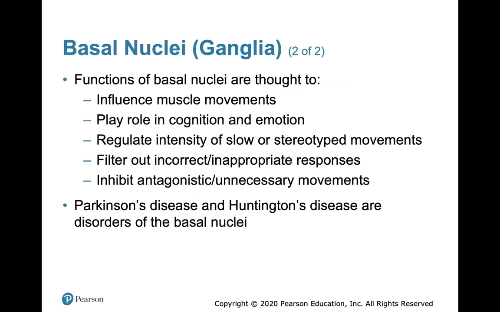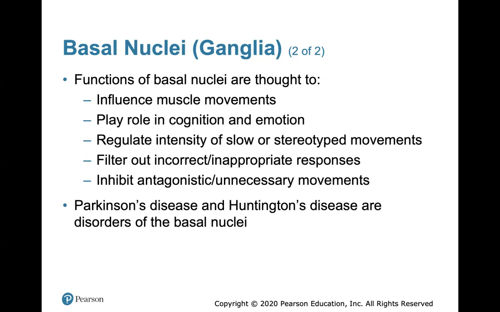The functions of the basal nuclei are important in the influence of muscle movements. They play a role in cognition and emotion. They regulate intensity of slow or stereotyped movements. They filter out incorrect or inappropriate responses, and they inhibit antagonistic or unnecessary movement.